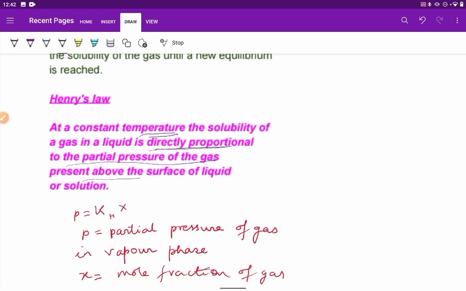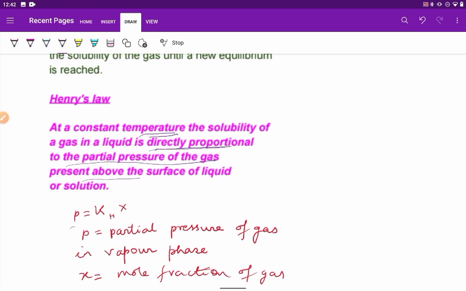Henry's law states that at a constant temperature, the solubility of a gas in a liquid is directly proportional to the partial pressure of the gas present above the surface of the liquid or the solution. Directly proportional means as the partial pressure of the gas is more, the solubility also should be more.